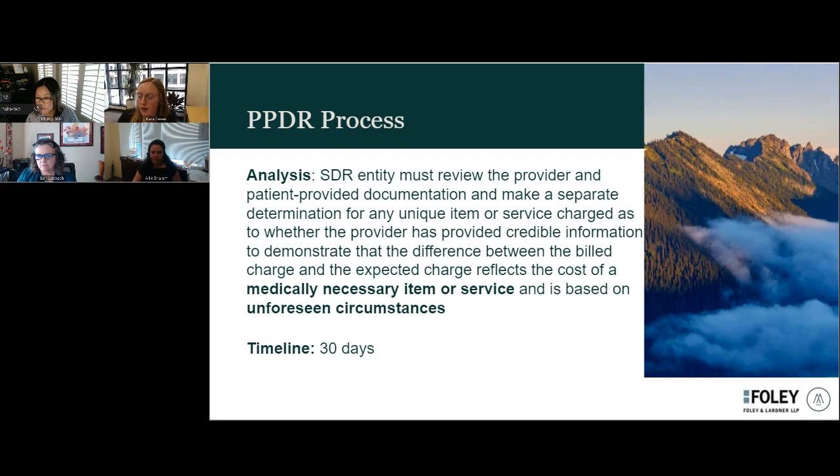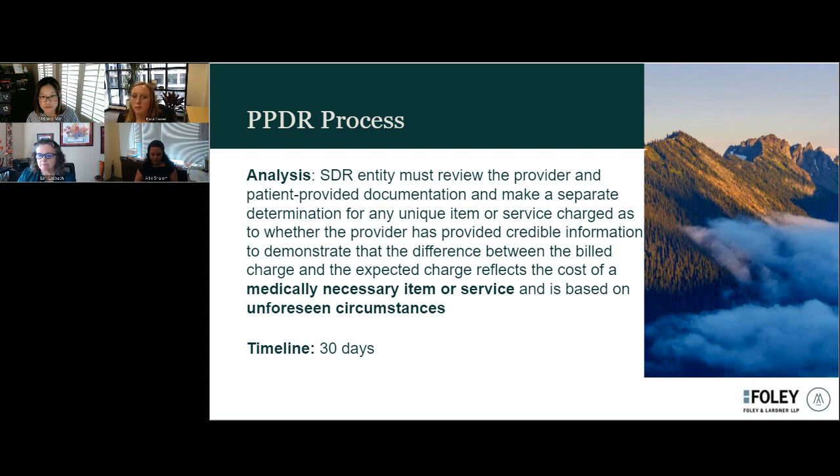Thanks, Allie. Once both sides submit all their documentation, including the good faith estimate, the billed charges, and any evidence related to unforeseen charges, it's up to the SDR entity to review all this documentation and make separate determinations for each item or service. While eligibility for PPDR looks at the total billed charges, in the PPDR process we're looking line item by line item.